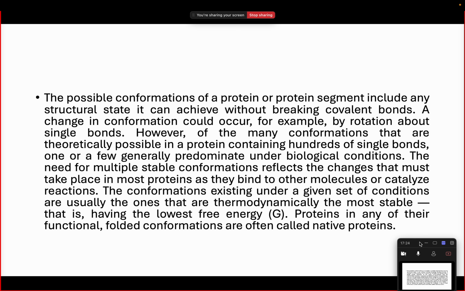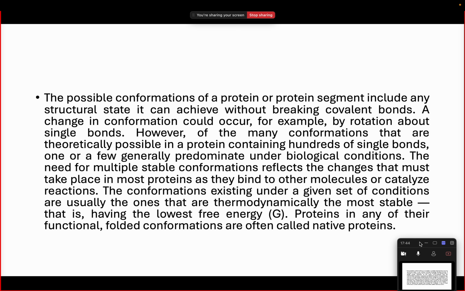But they are not breaking. It's just the spatial arrangement of the groups around these bonds that is changing, and they can change, right? However, of the many conformations that are theoretically possible in a protein containing hundreds of single bonds, one or a few generally predominate under biological conditions.